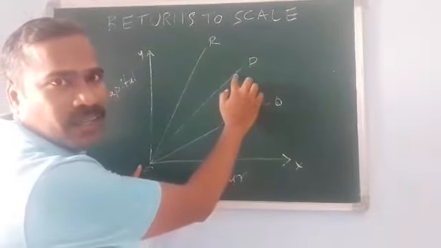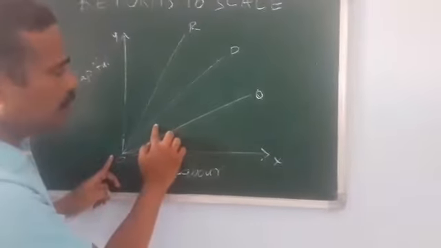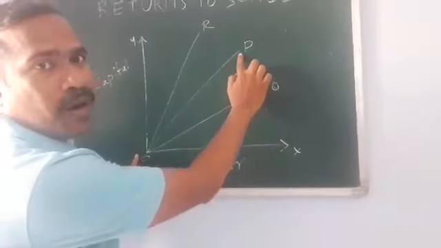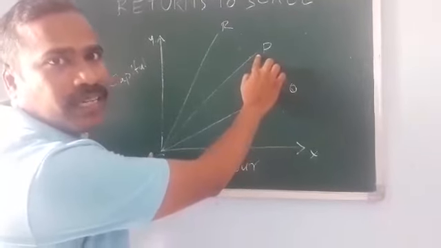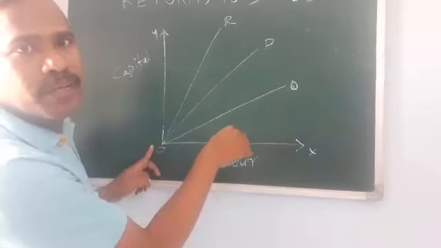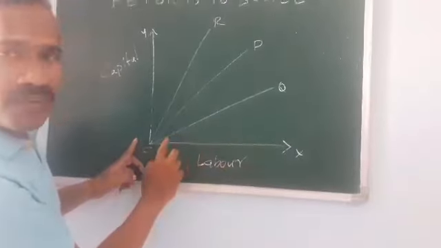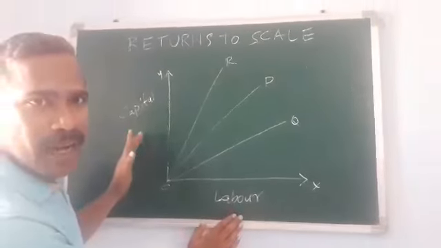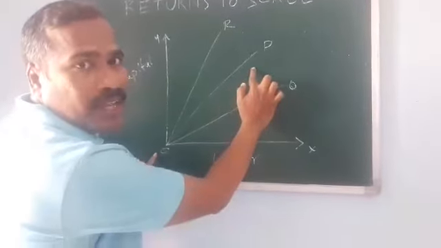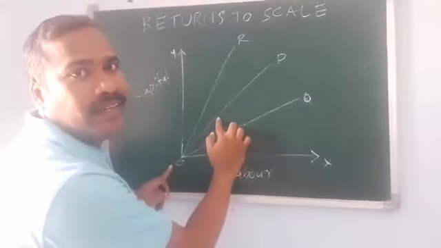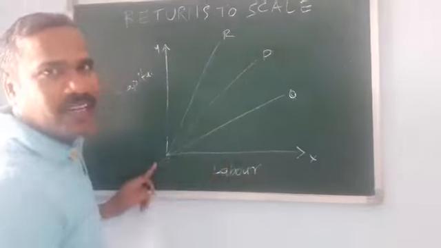If you are increasing the labor and capital on this path, how the production changes will be explained by returns to scale. One more thing I am explaining: if we are increasing labor and capital on the OP path, how the changes occur in production will be explained by the returns to scale.